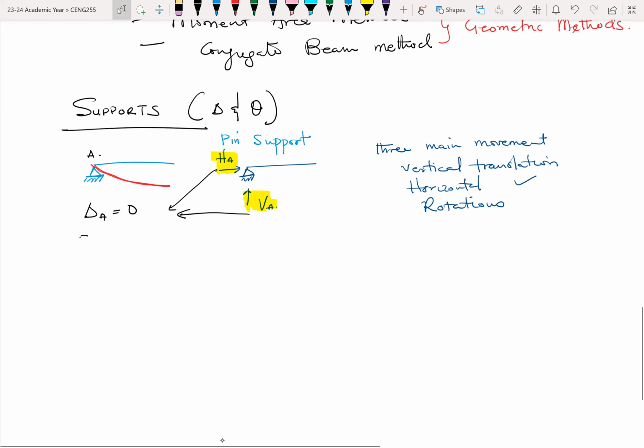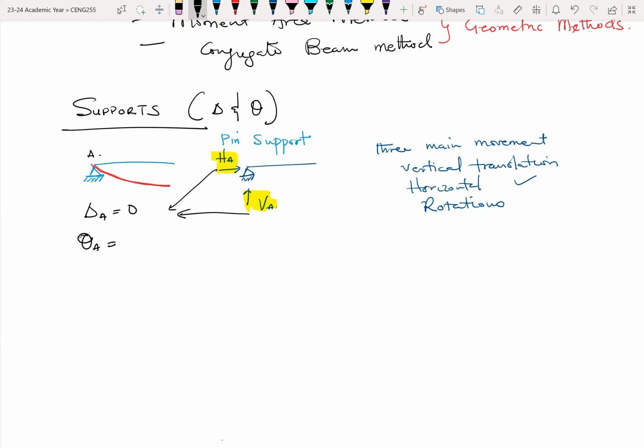But when we come to the slope, a pin support has no resistance against rotation. That's how come the moment at A is 0, because there's no resistance against rotation. The way you can picture this is to look at a door hinge or anything that has a hinge. Once it has a hinge, it can rotate about a point.